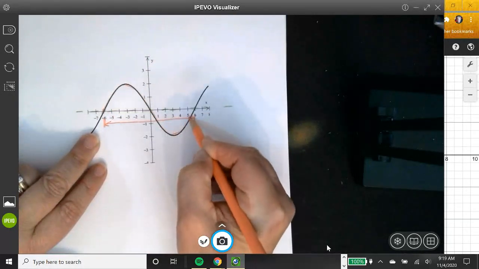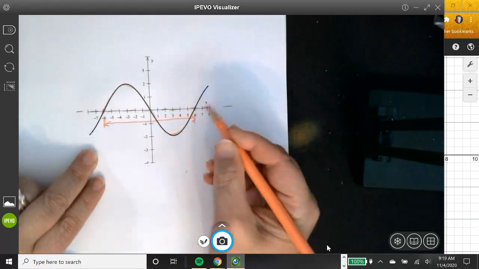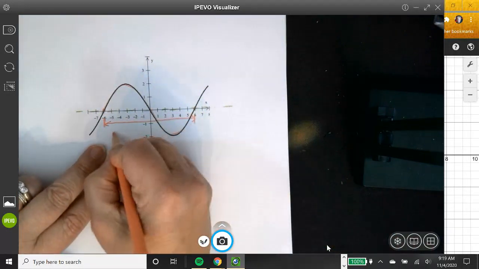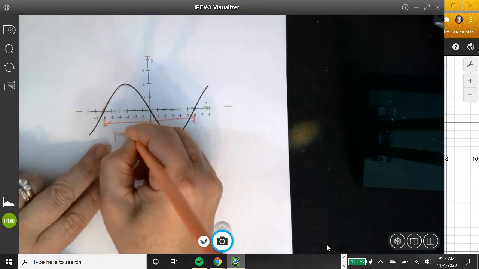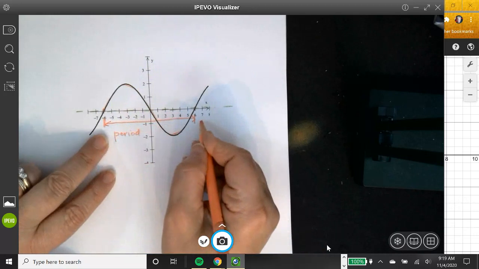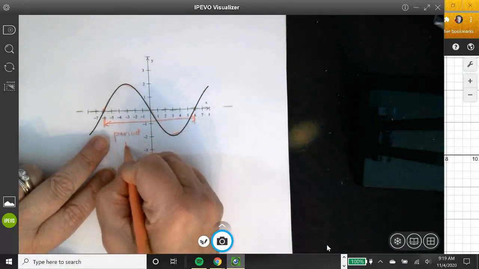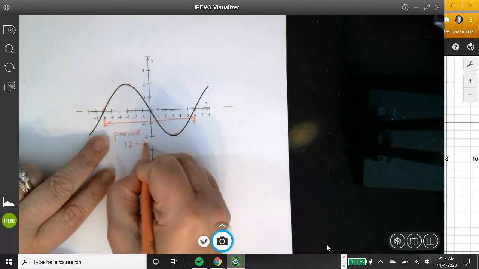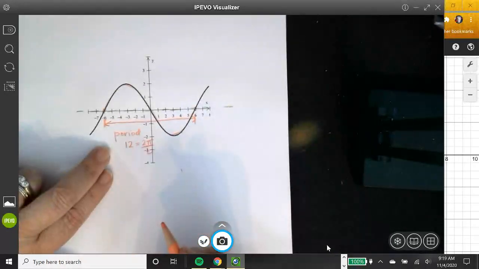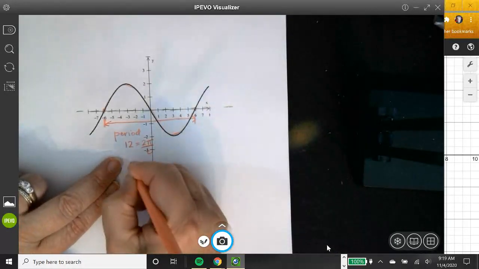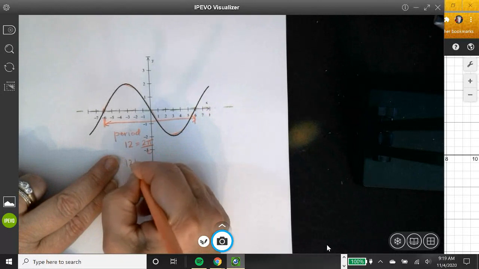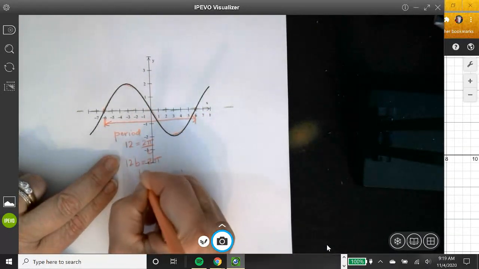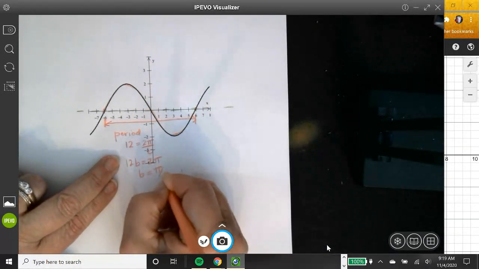From midline to midline through the up and down. So what's the period? That looks like 6 minus negative 6 is 12, which equals 2 pi over b. If I were to solve that, I get 12b equals 2 pi. B equals pi over 6.